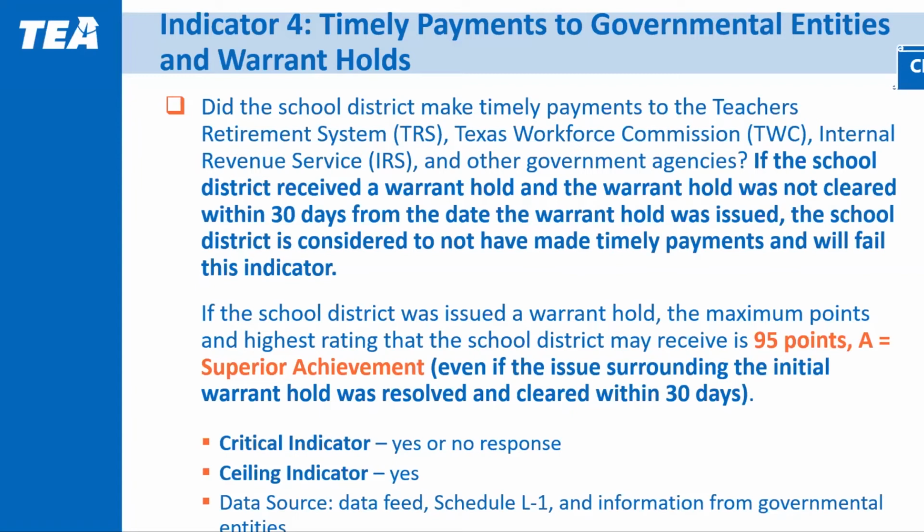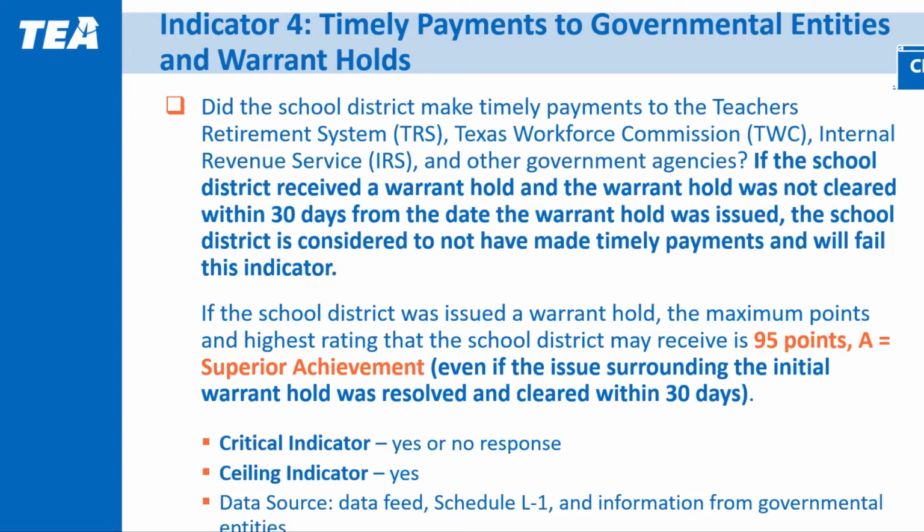The IRS side, there have been districts that have failed in the past because of missing payments to the IRS, and some of them have been 5-10 days after the fact, but they still paid them late. And so we tried to provide that same flexibility with the IRS, and I did share this with the auditors that attend the audit conference, that now you have 30 days to also clear up any of those IRS payments that you may have missed.